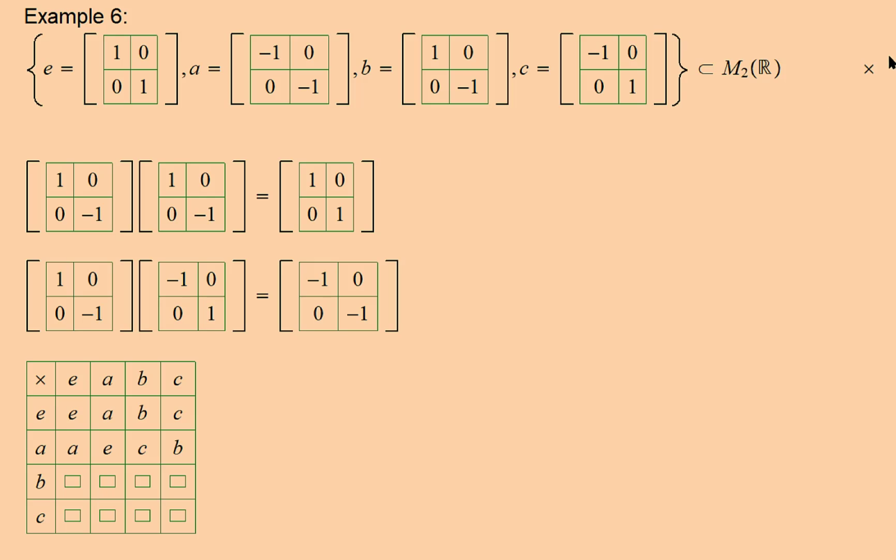And here the associativity is inherited from the associativity of matrix multiplication.